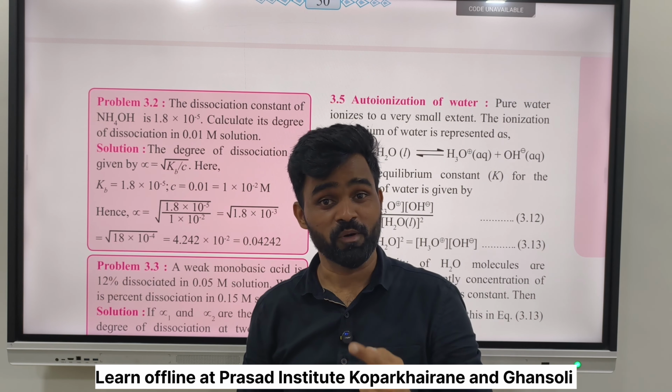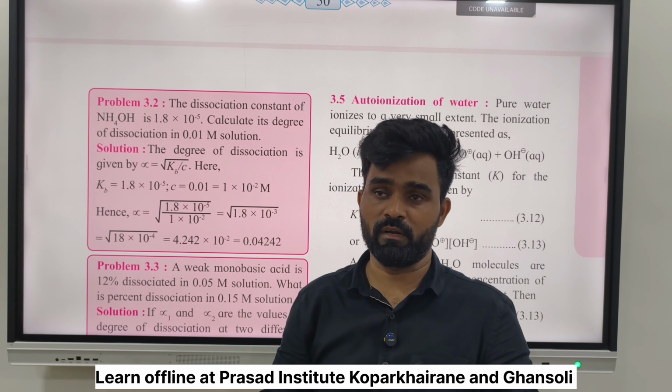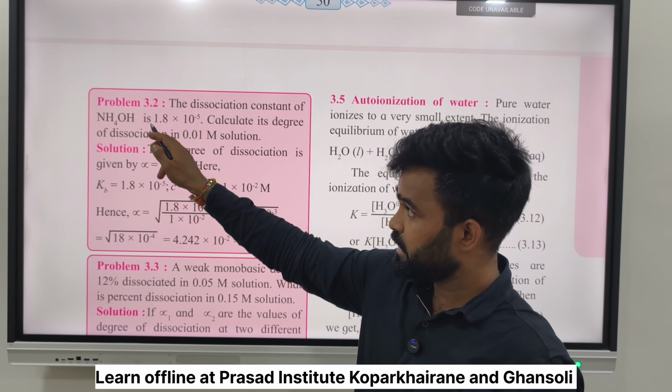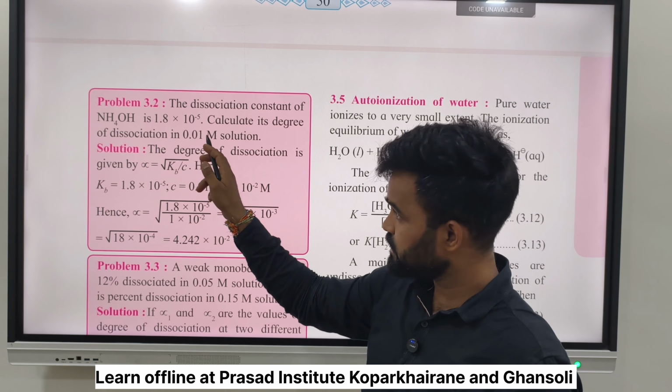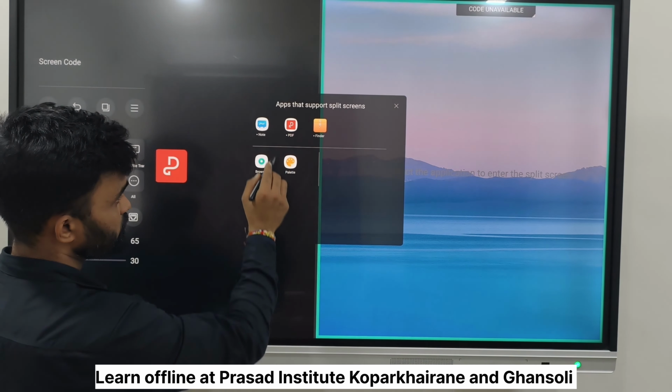What is it? Alpha. Very good. And 0.01 molar means concentration is also given. So Ka is given, C is given. We have to find alpha. It is simple. Let's go.